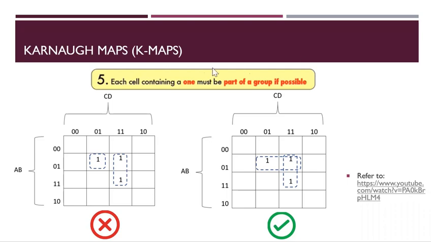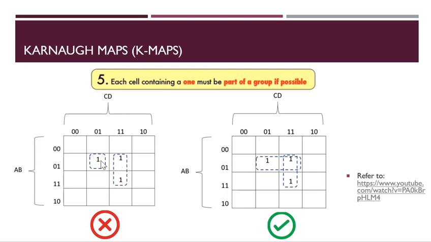Rule number 5, each cell containing a 1 must be part of a group if possible. For example, we have a 1 here, but this cell is adjacent to another 1 here, and it's already been mapped. So this one needs to be grouped together as one group. Remember rule number 4, we need to group as large as possible.